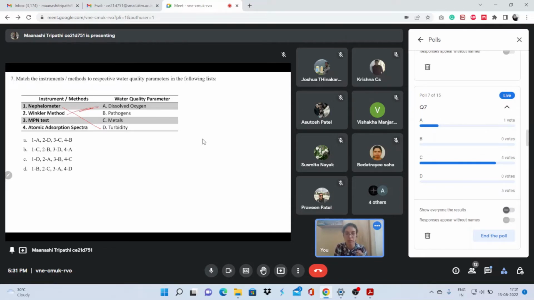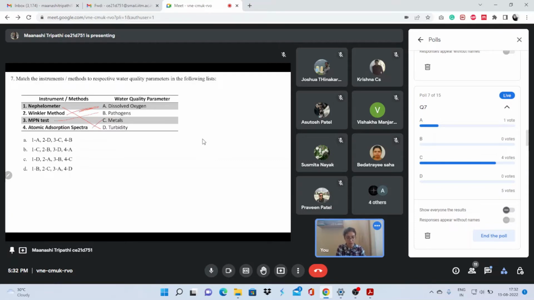MPN test, the full form is most probable number. So whenever we count anything in numbers, we measure pathogens or any biological contaminant. Whenever we talk about number, it's mostly related to pathogens. Pathogens means disease causing organisms, microorganisms. Fourth is atomic absorption spectra. This instrument is used to measure metals.